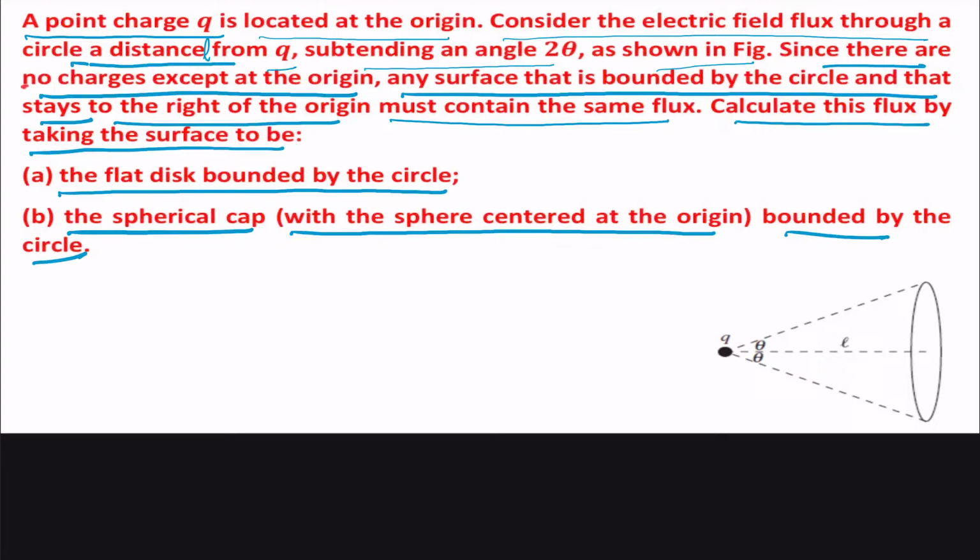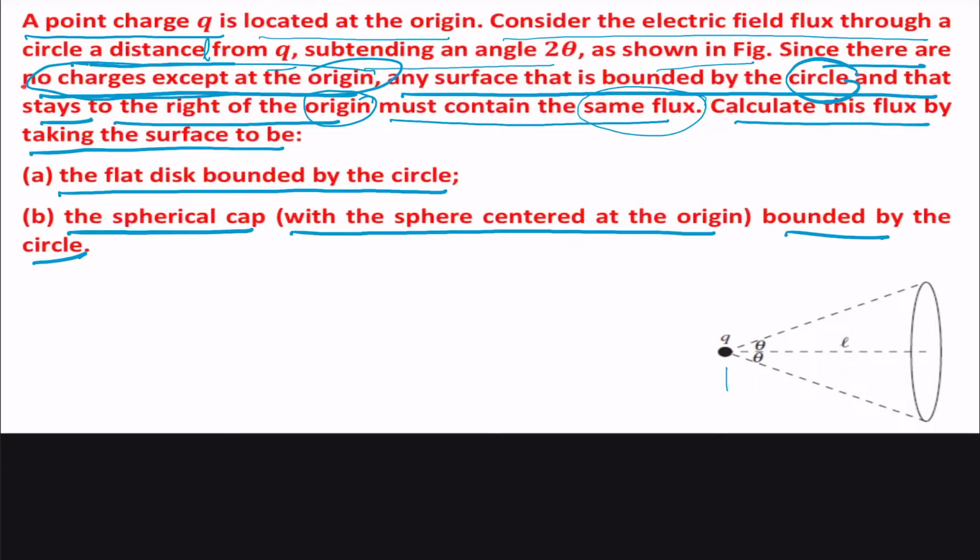So here the hint is itself given in the question. It says that there is no charge except at the origin, and any surface bounded by the circle to the right of the origin must have the same flux. So it means in part A as well as part B, the surface which we are asked about lies toward the right of the charge.